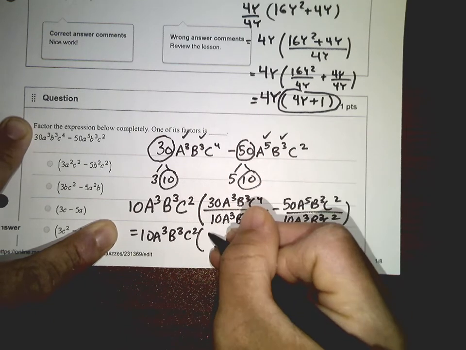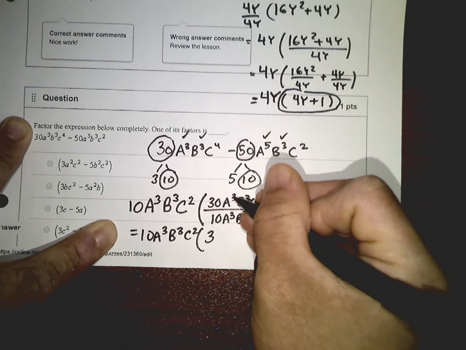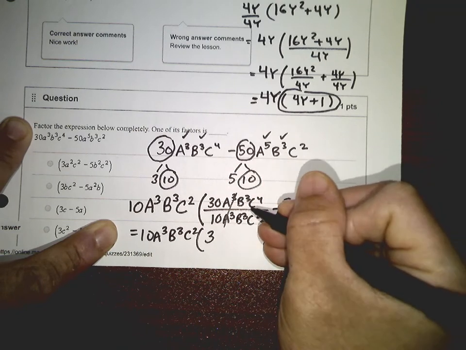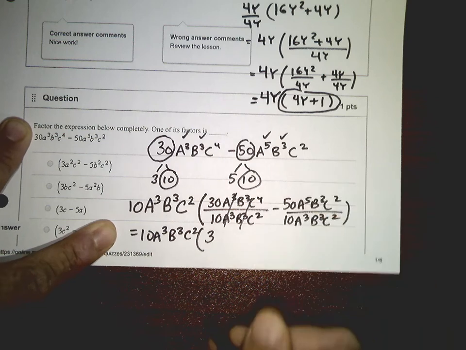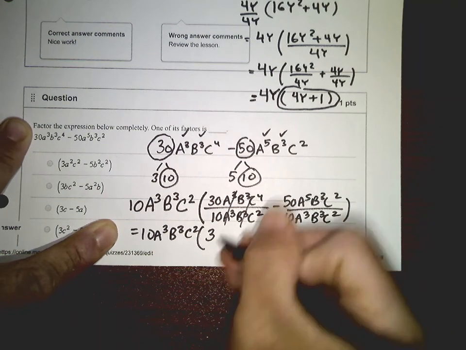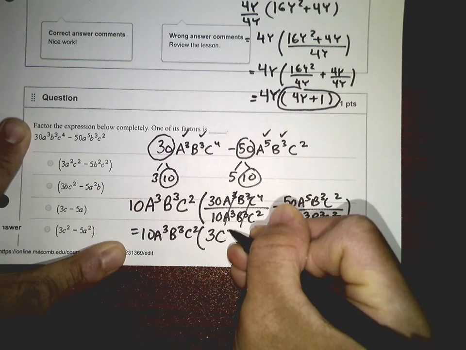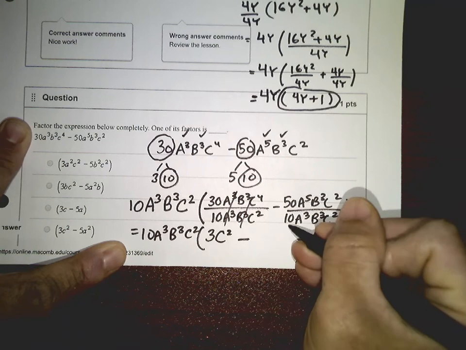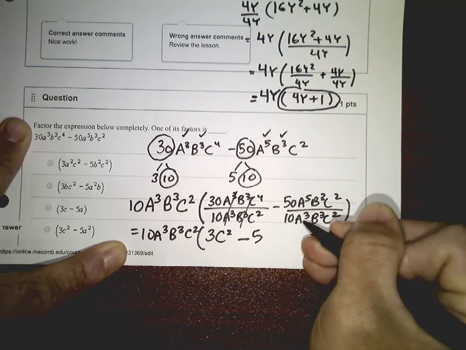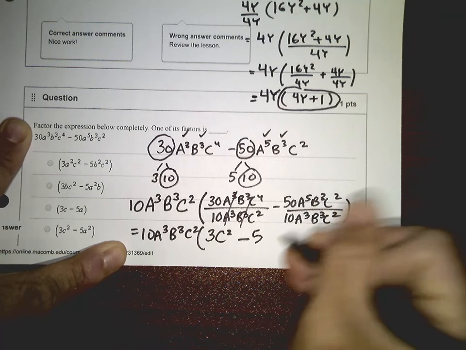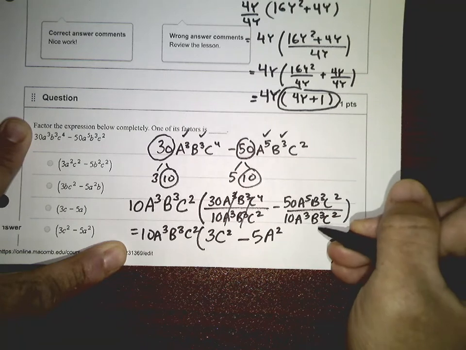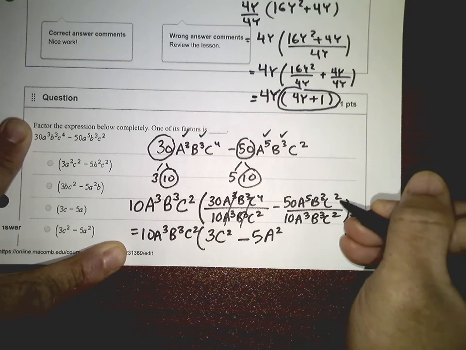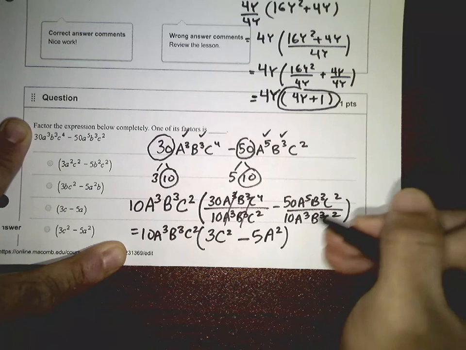Then 30 over 10 is 3. The a to the thirds divide out. The b to the thirds divide out. Then 2 of the c's divide out. So 3c squared. Minus 50 divided by 10 is 5. 3 of the a's divide out, so there are 2 left. The b to the thirds divide out, and the c squareds divide out.